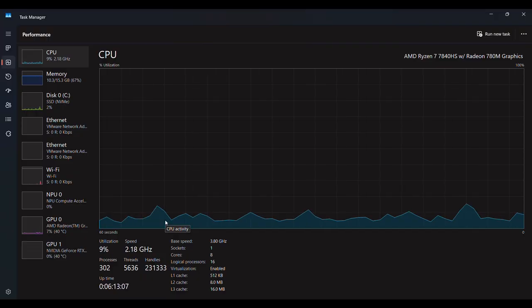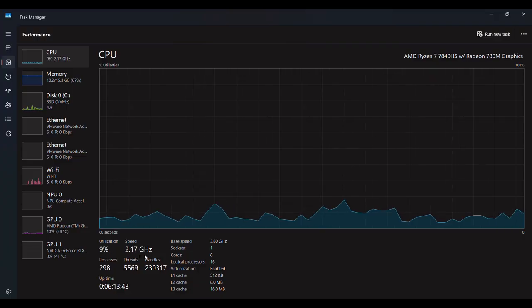Here we can observe moderate variations in utilization, indicating active system operations occurring in real time. Performance graphs are useful for identifying recurring spikes, unstable workloads, or resource intensive applications.